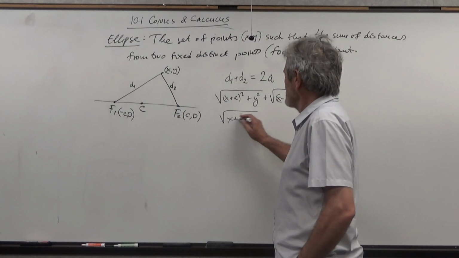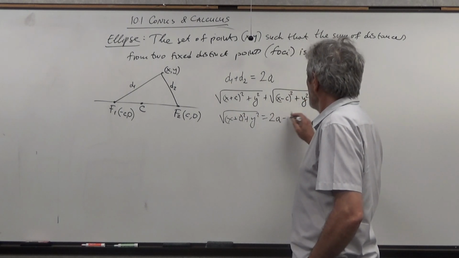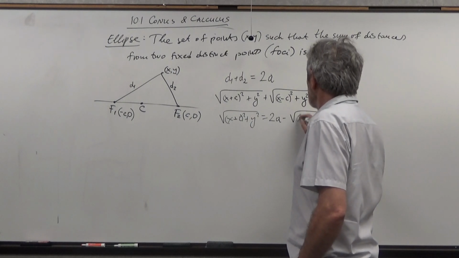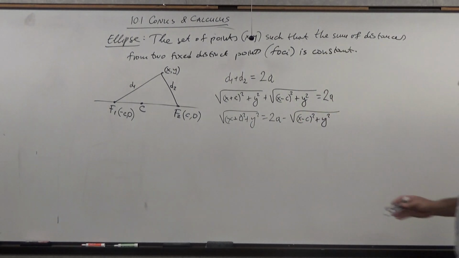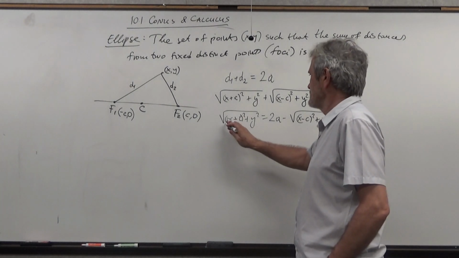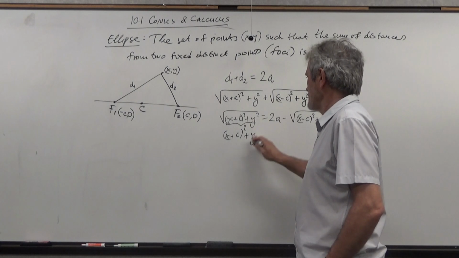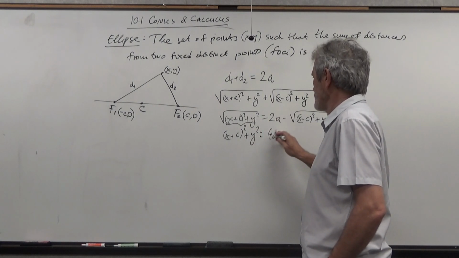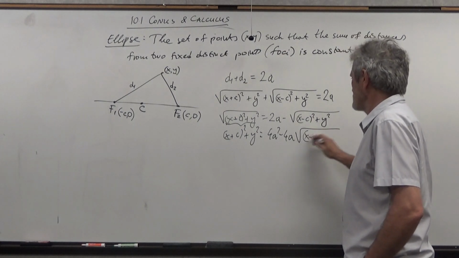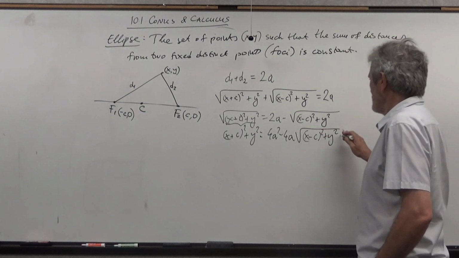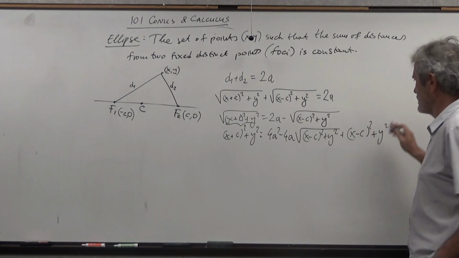So the square root of (x plus c) squared plus y squared is 2a minus the other square root. And then we square both sides, so we get (x plus c) squared plus y squared is 4a squared minus 4a times the square root, plus (x minus c) squared plus y squared.